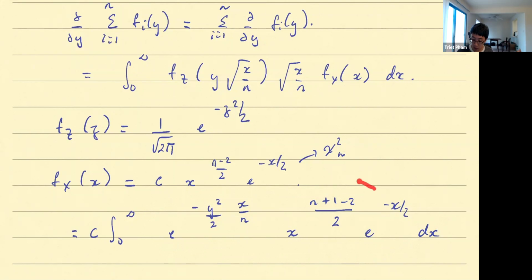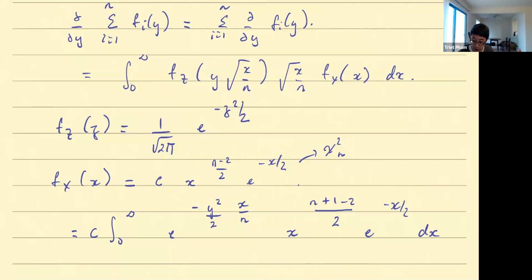What I mean is, do you recognize what this is? This is the density of a chi-square with n degrees of freedom.